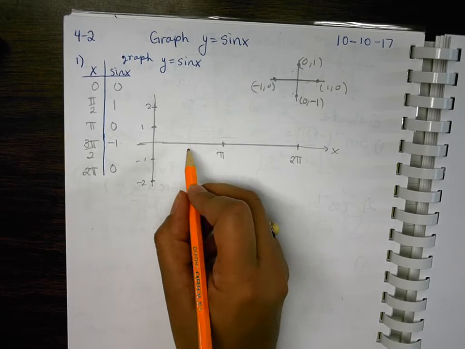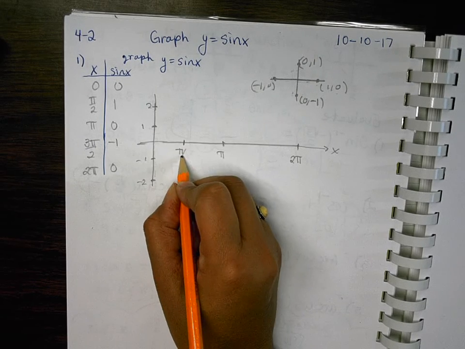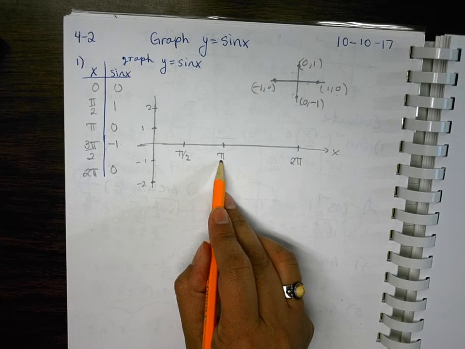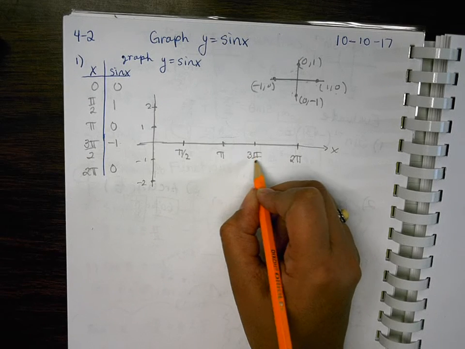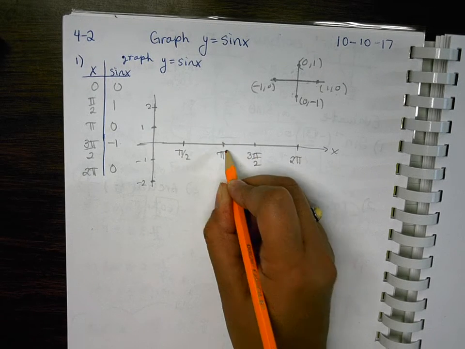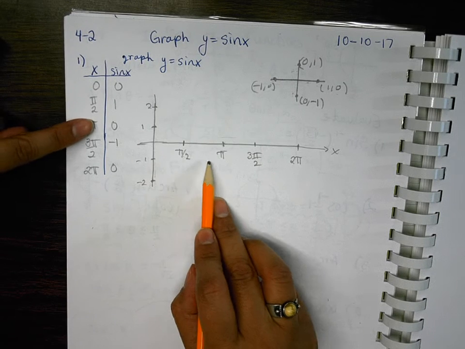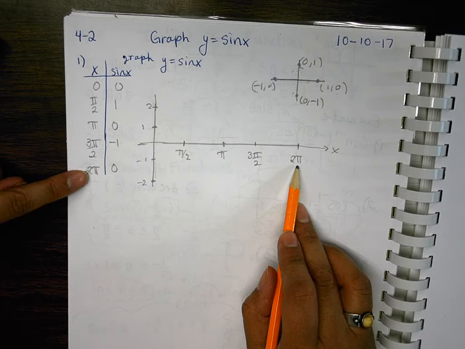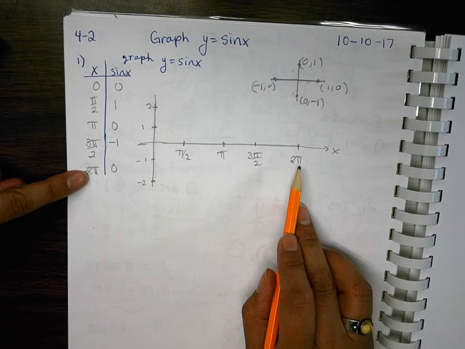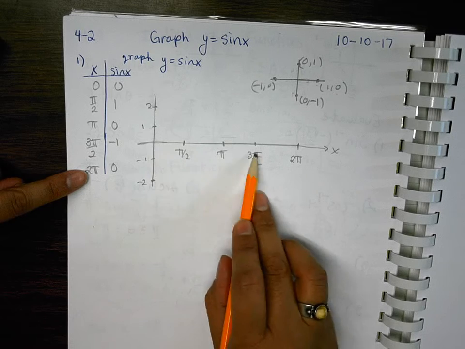Then I cut pi in half, which is pi over 2, and this would be 3 pi over 2 and 2 pi. So 0, pi over 2, pi, 3 pi over 2, and 2 pi. Do you see that? So the 5 key points, 1, 2, 3, 4, don't forget 0 is one of them. 1, 2, 3, 4, 5.